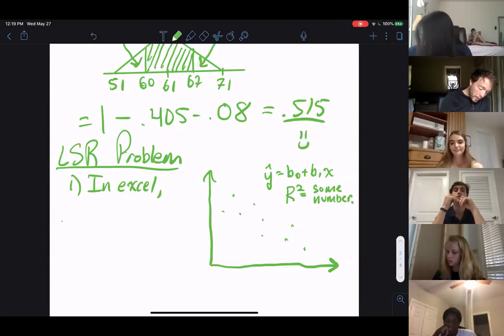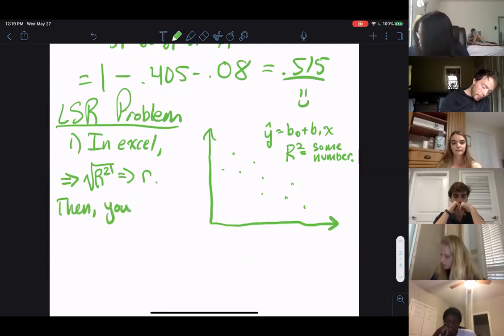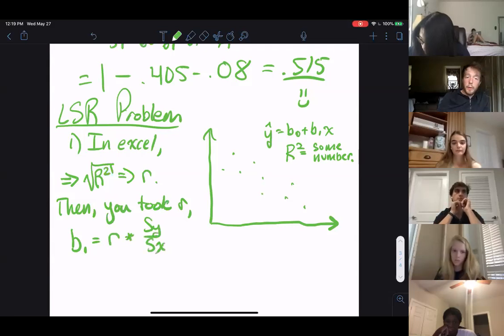And I believe some of you did this. Some of you took your r squared, took the square root of it, and you got r. Then you took r, and you got this. So these are all the correct formulas.